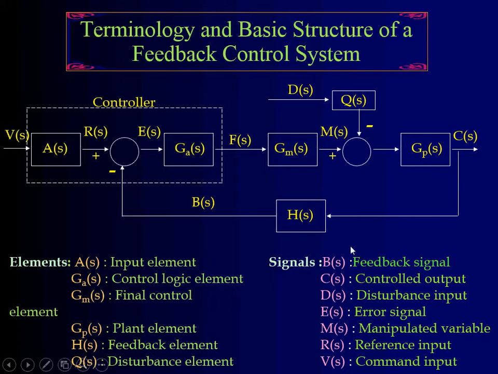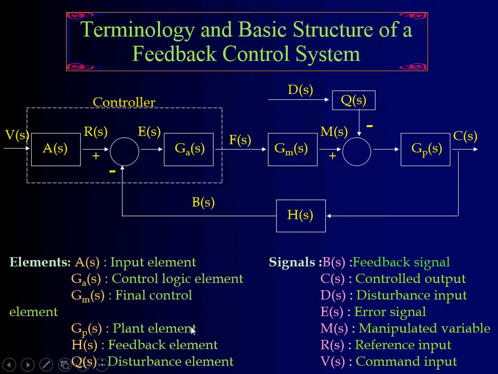This GP is the physical system. In control systems, we know it as the plant. Whenever you hear about the plant, it means that you are talking about the system that you want to control. Okay?